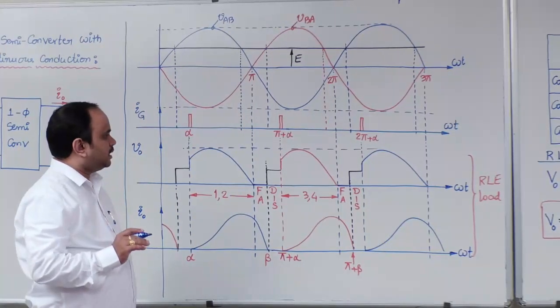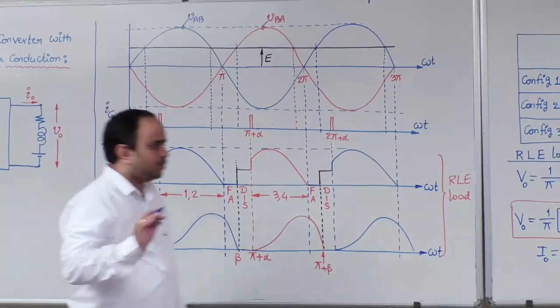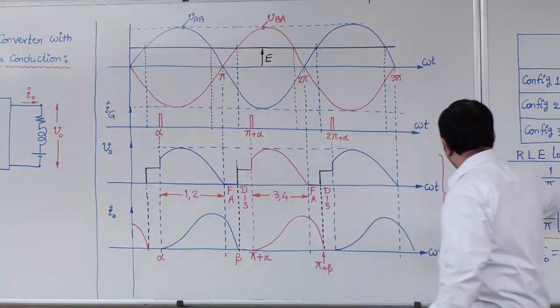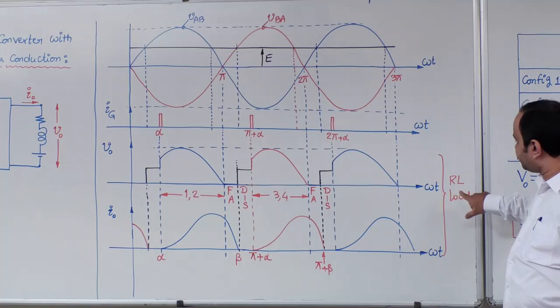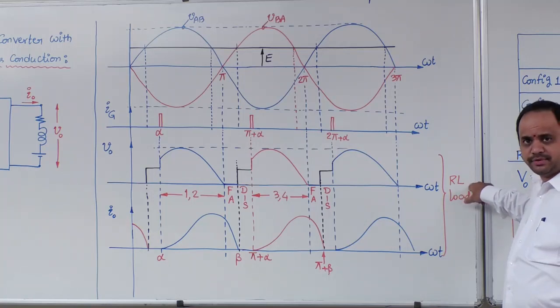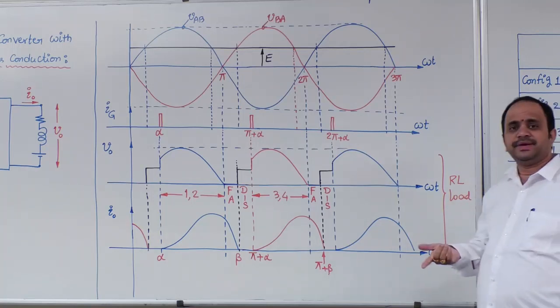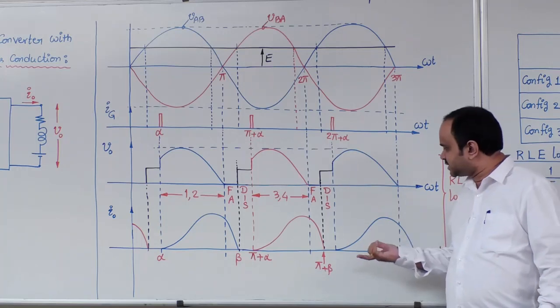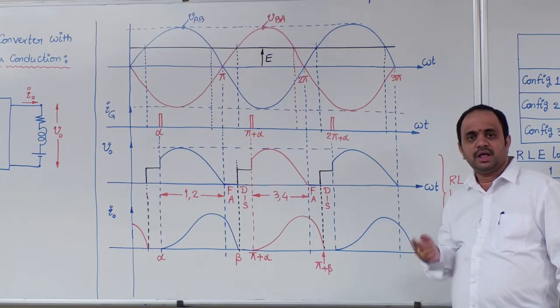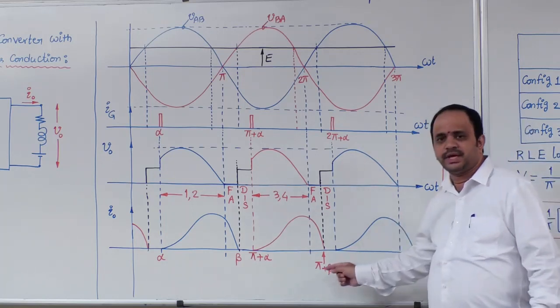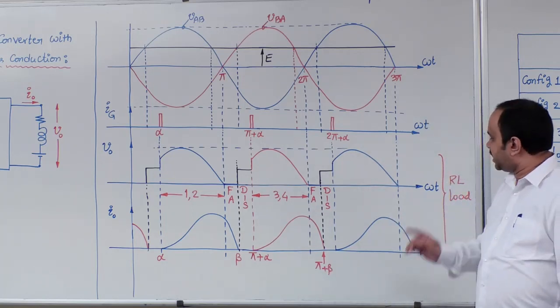Now here, let us take a small modification. Suppose the load does not have the EMF term. Follow carefully, I just removed the EMF term. In our previous discussion, we saw that for RL and RLE load, the output current waveform shape remains the same.